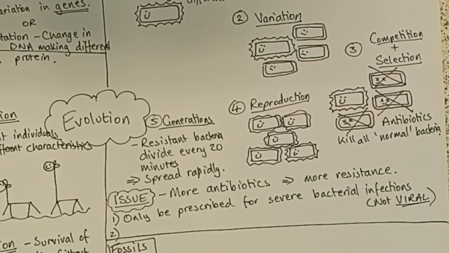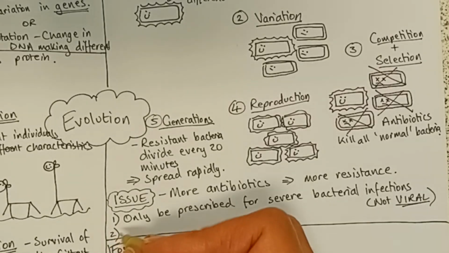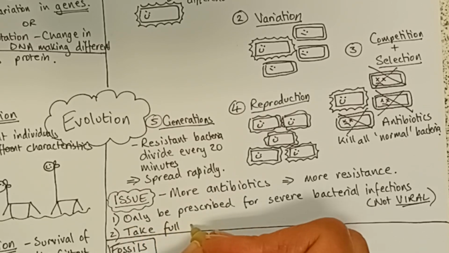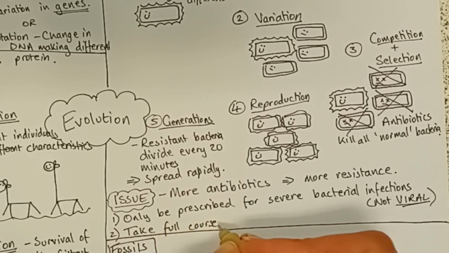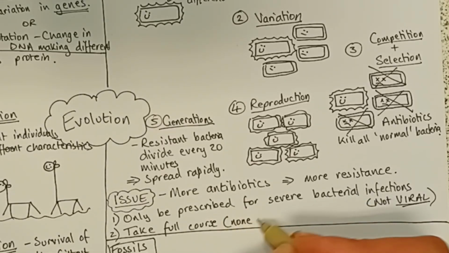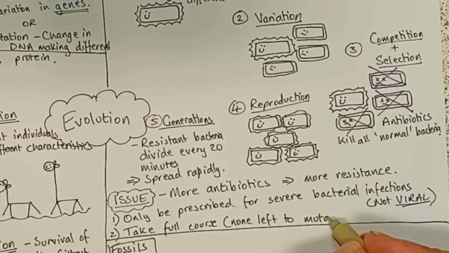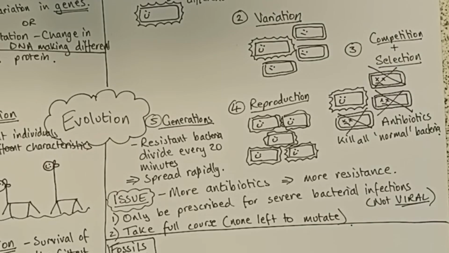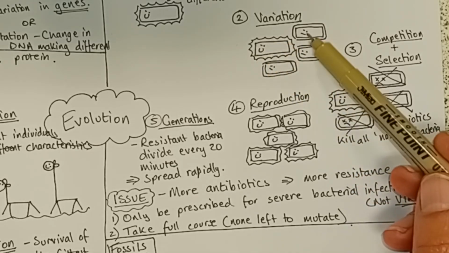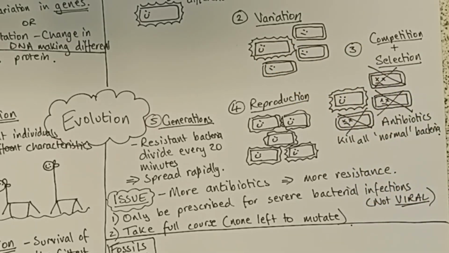And if you do get given antibiotics, you need to make sure you take the full course, so that there's none left to mutate. So you need to make sure that you kill all the bacteria before this one mutates, and then there's none left to mutate.